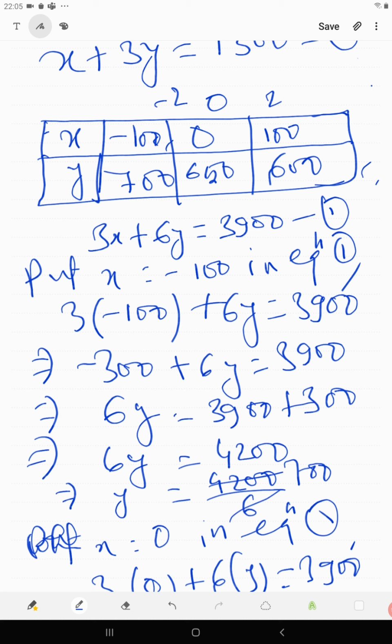The 700, if you divide by 50, you will get 14. So 14 units you need to take on the positive y-axis. This one gets converted to 13 units, and this one is 12 units.